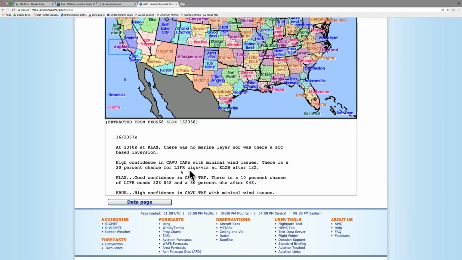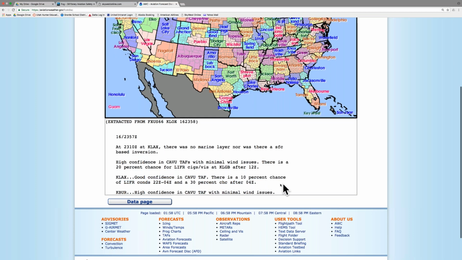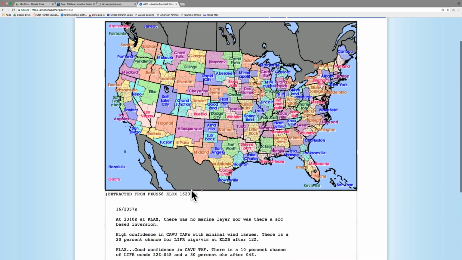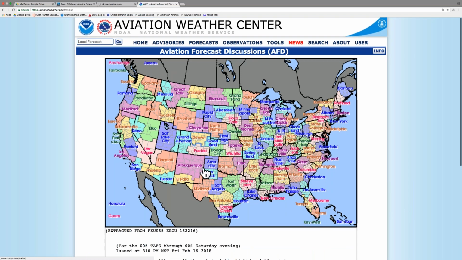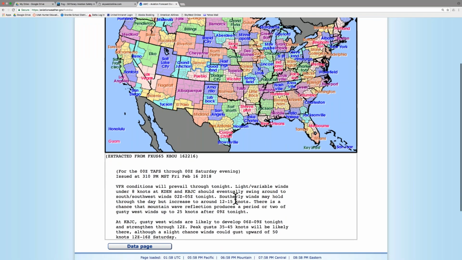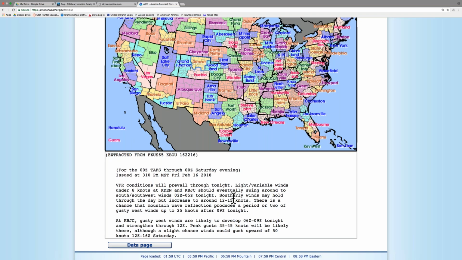So basically going forward, we've got good confidence in this TAF. But then there's those ones that are just like, yeah, it's not going to go down like that. Denver's notorious for putting out very contradicting information on their weather.